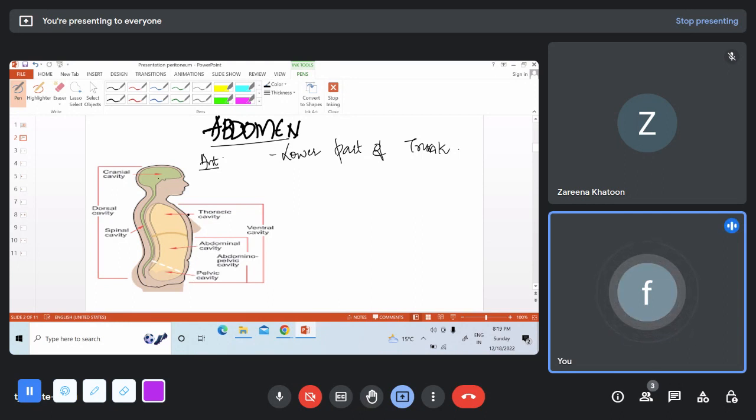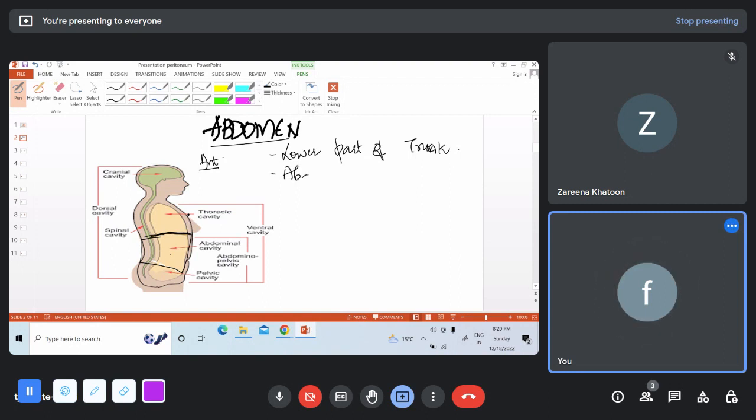Whereas posteriorly, we have cranial cavity and spinal cavity. Among all these cavities, you can see that the abdominal cavity is the largest cavity, all right. This muscle is the diaphragm. Diaphragm separates thoracic cavity from the abdominal cavity, all right.